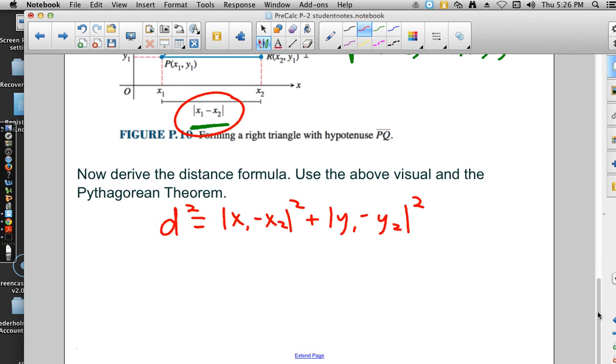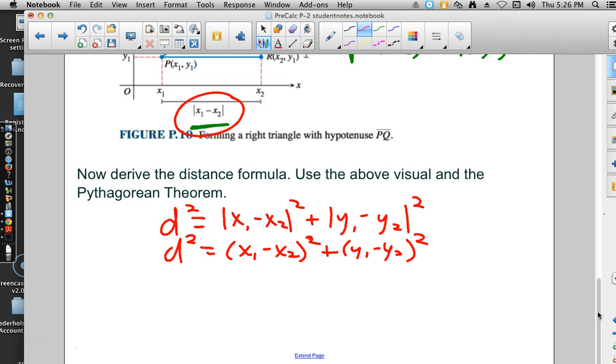So far, so good. And then we say to ourselves, self, I don't need those absolute value bars because I'm going to be squaring this. And then we say, almost there. I almost have the distance formula, but I can't have d squared.